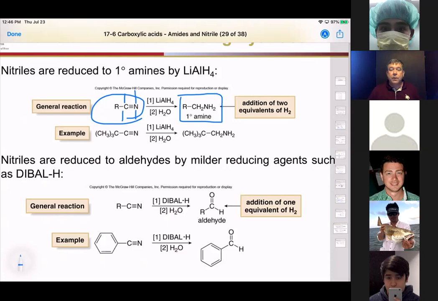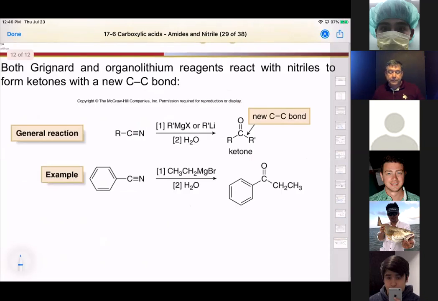Okay, so we can generate from our nitriles either primary amines, aldehydes, or carboxylic acids if we go all the way to hydrolysis.